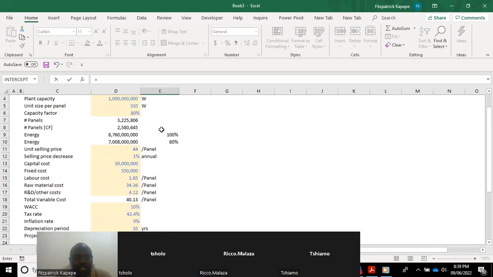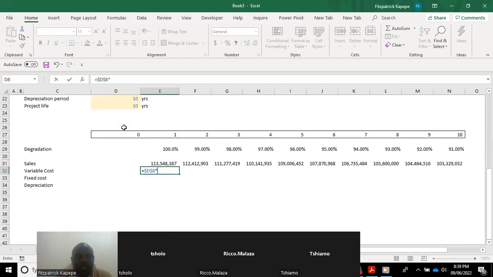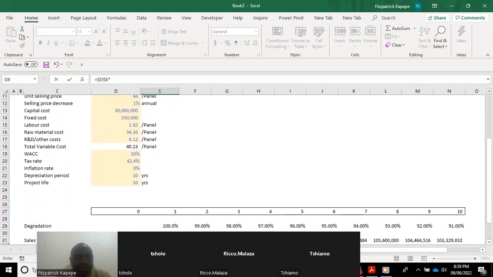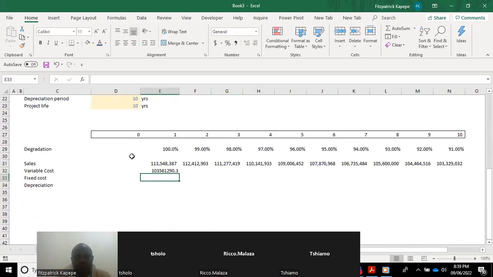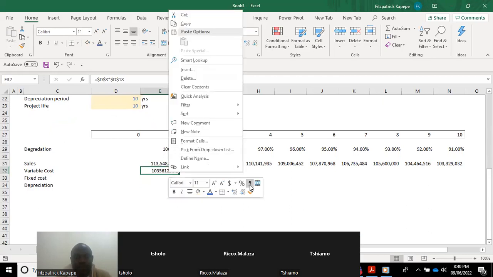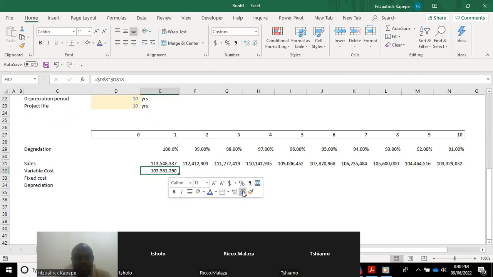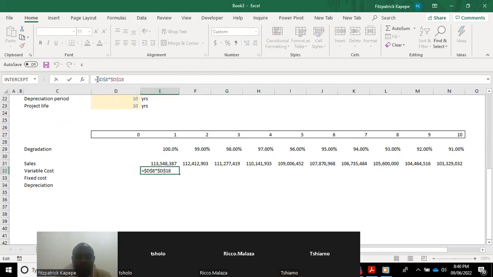Pick the same number here, times 40.13 per panel. Have these numbers. Oh, should be negative, sorry. Let me just put a negative.